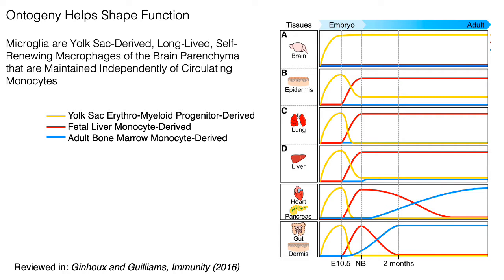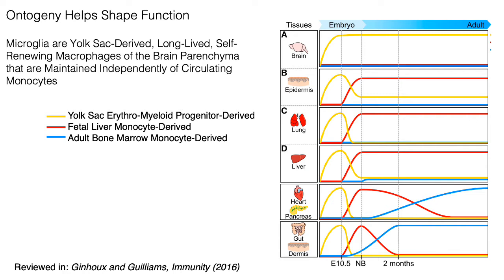In mice, this is as early as E7.25. And these are maintained throughout life without contribution from circulating monocytes. This is in comparison to other tissues, for example, the epidermis, lung, and liver, where you also have macrophages established prenatally, but they're derived from fetal liver monocytes, not yolk sac derived progenitors.